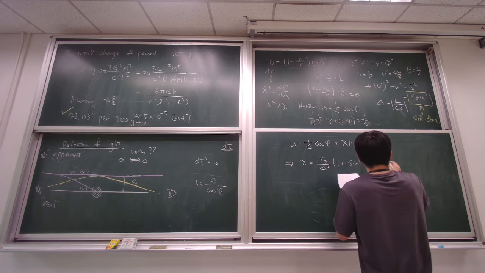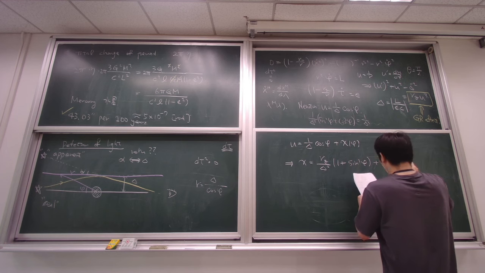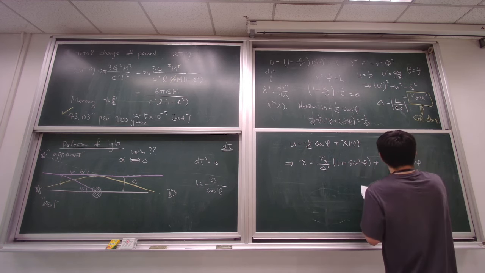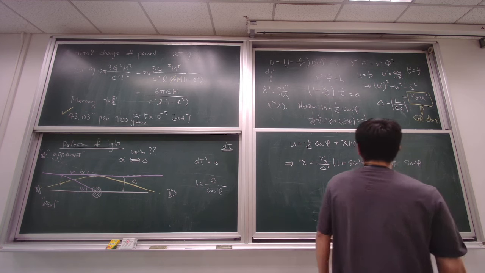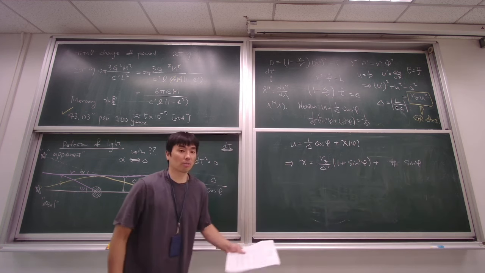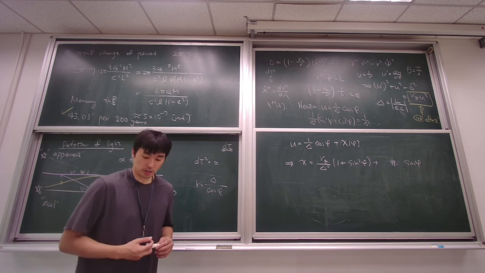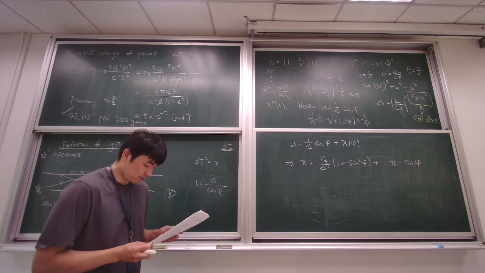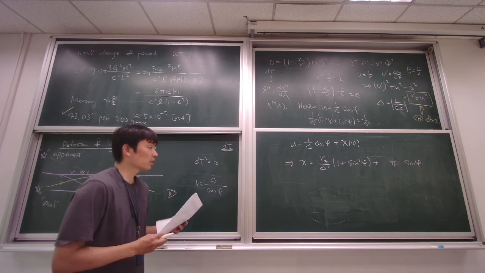Plus a constant times sine phi, some number times sine phi. So you can easily solve this equation. Like this way.